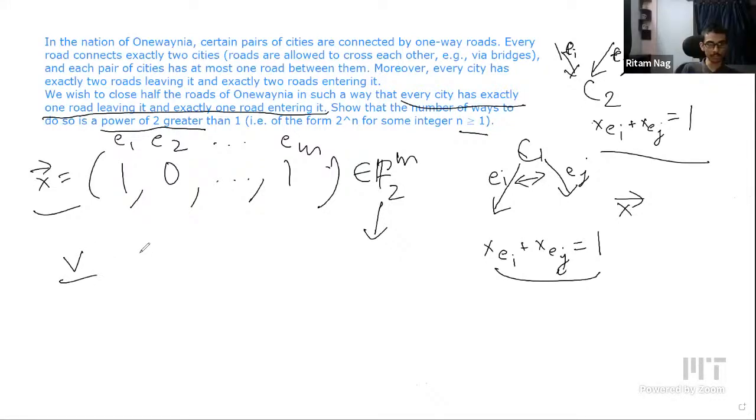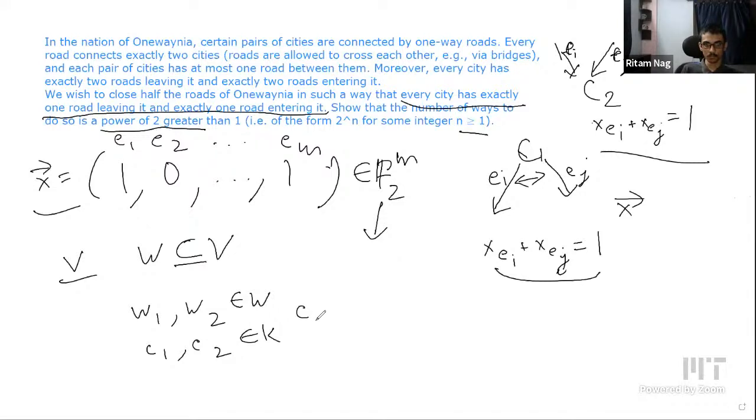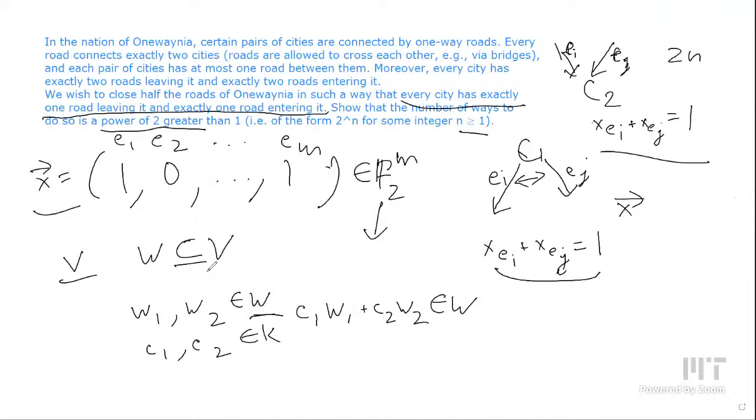Suppose you have a vector space V, and suppose W is a subset of V. Then we call W a subspace if, given any w1, w2 in W and c1, c2 in K, we have that c1 w1 plus c2 w2 is in W. So basically, W is a set of vectors which is closed under linear combinations.